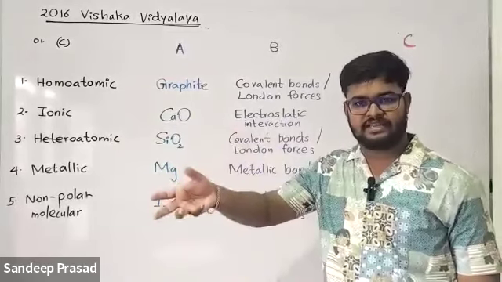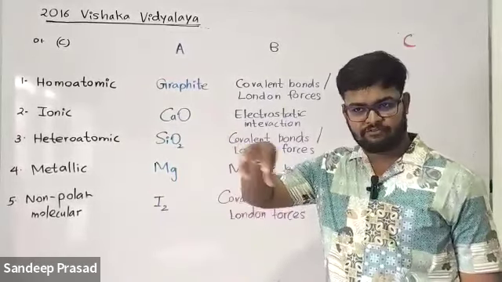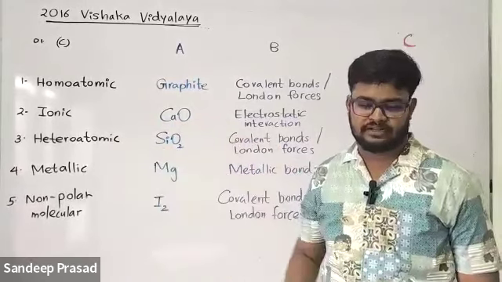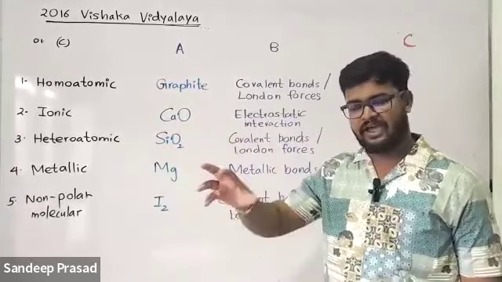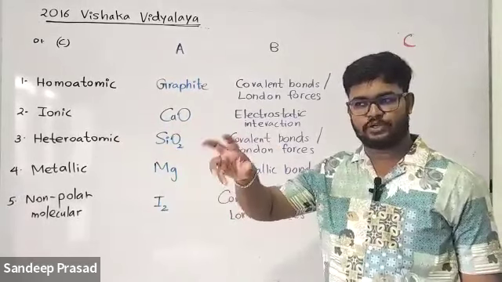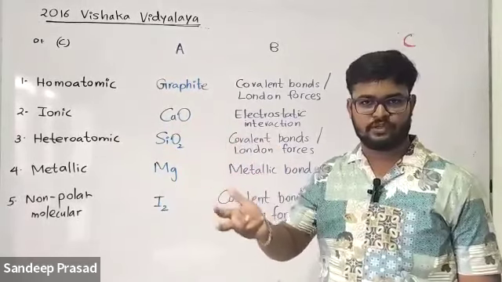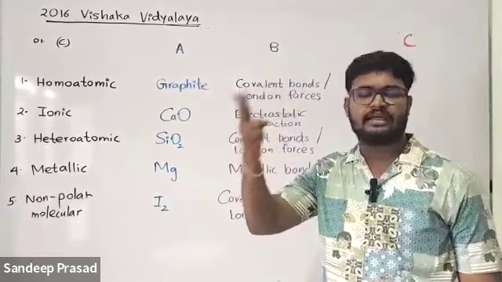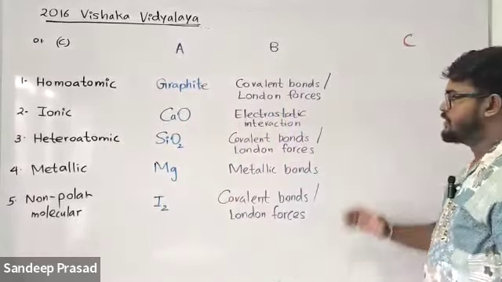Therefore, they are considered as electrolyte. In sodium chloride, there are two electrolytes, Na plus cation and Cl minus anion, right?